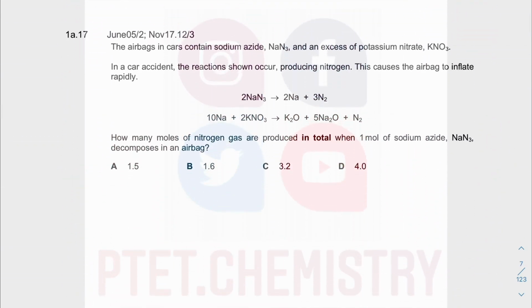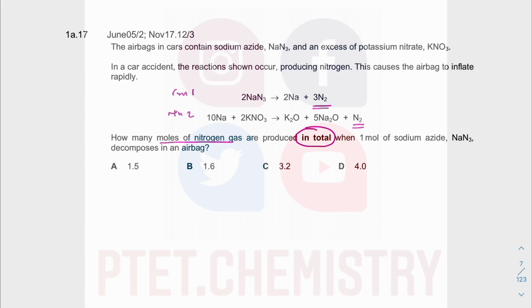It's a similar kind of question to one earlier, probably not in this video, but earlier. But it's slightly different because it's asking for the total mole of nitrogen gas. You see, this is reaction 1, this is reaction 2. Reaction 1 produces N2, reaction 2 produces N2.